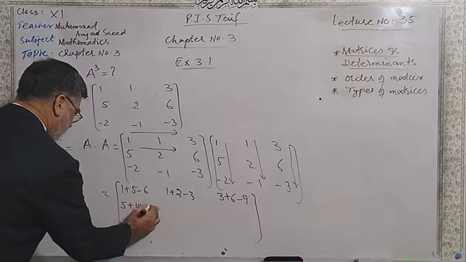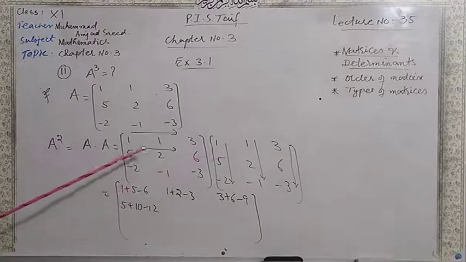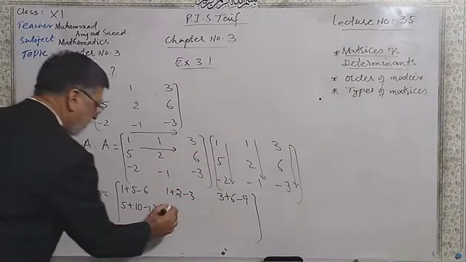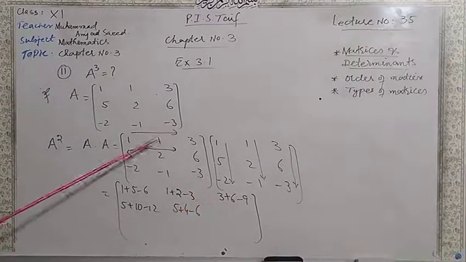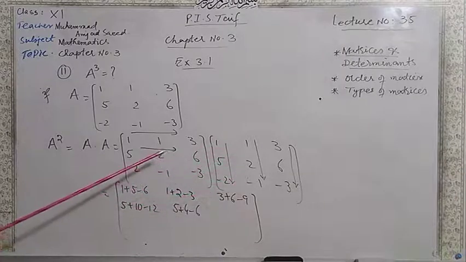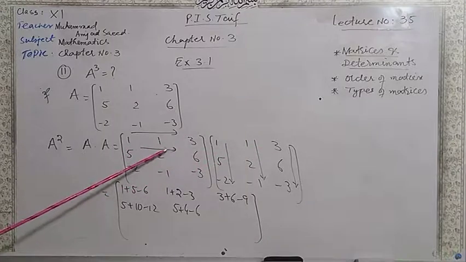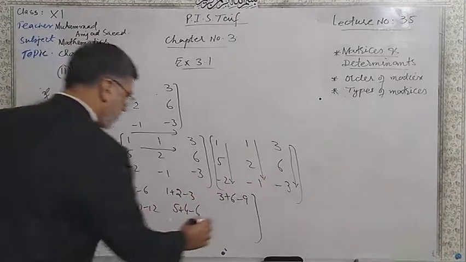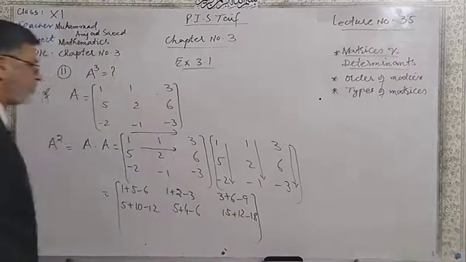Again, second row, second column: 5 plus 4 minus 6. Then multiplying first by first: 15 plus 12 minus 18.